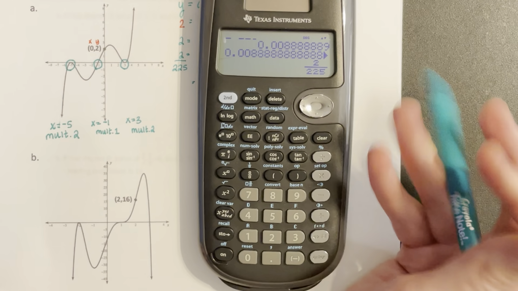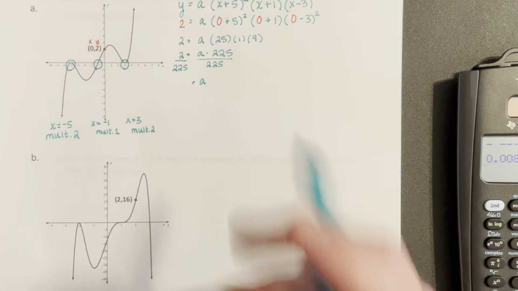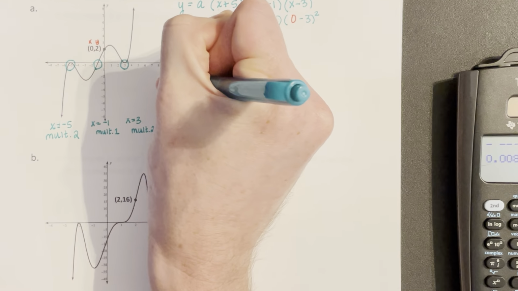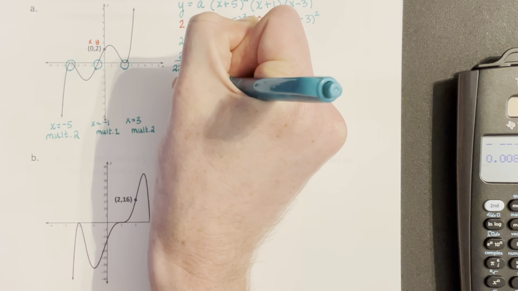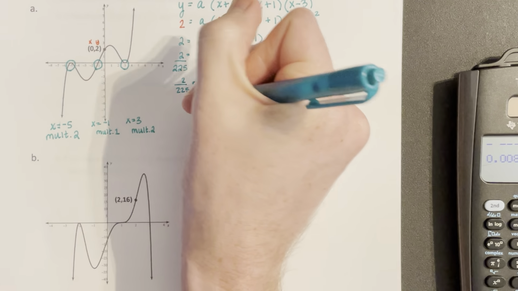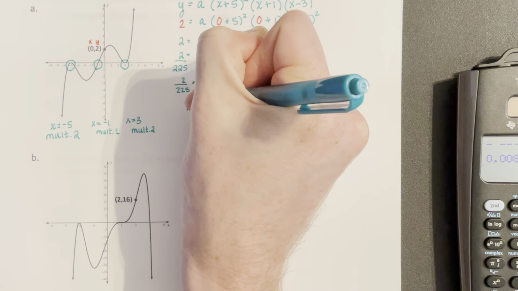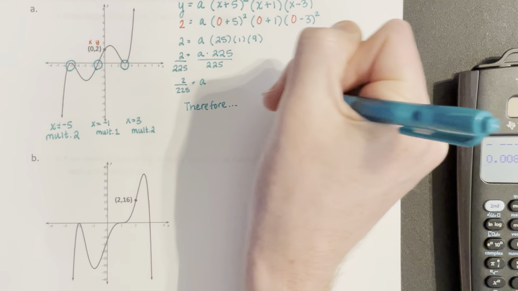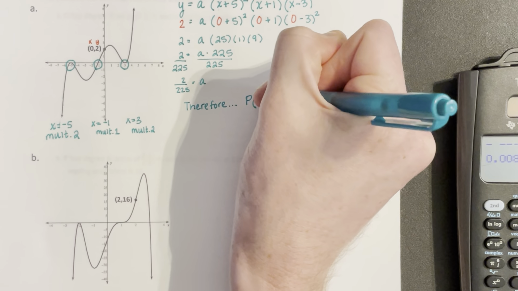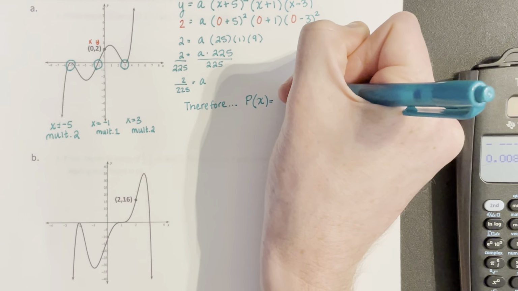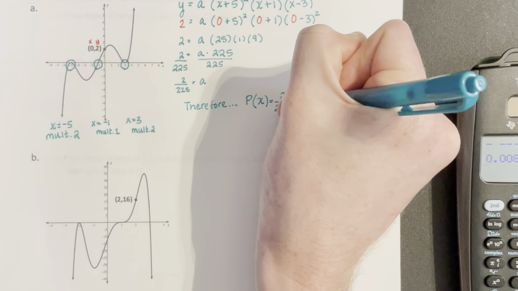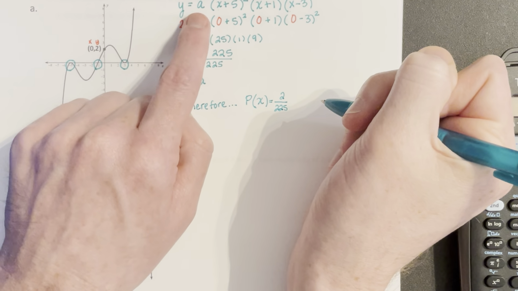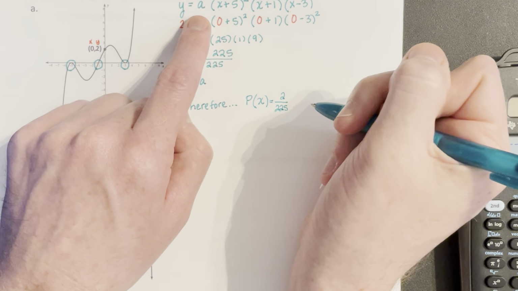So 2 over 225 is going to be the smallest we can make it. And I put that back into my function. So therefore, we can write this in function notation. P of x is 2 over 225. That's our a value that we found.